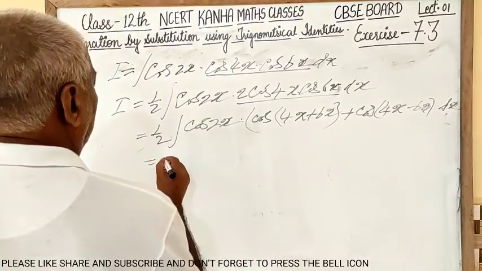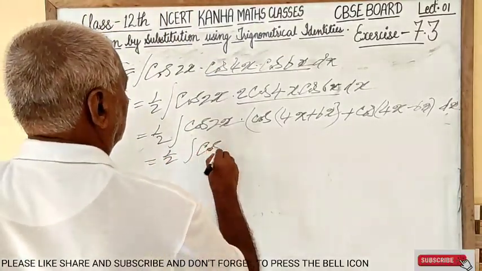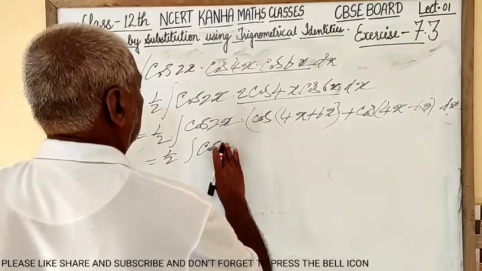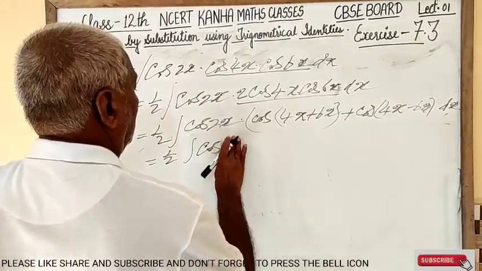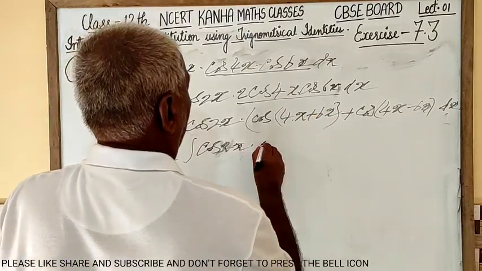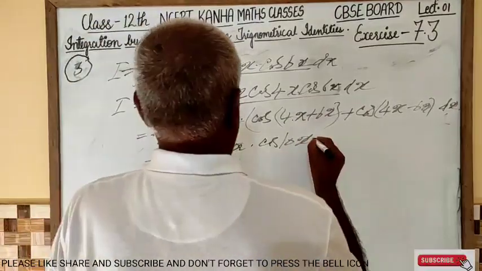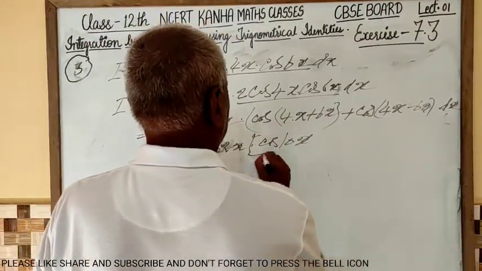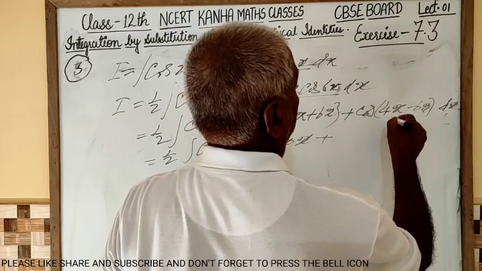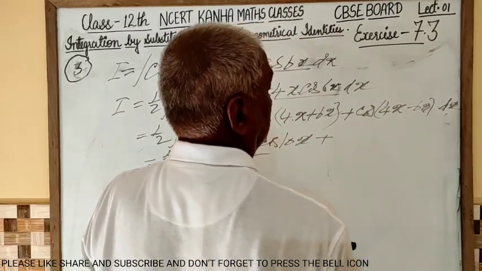Here we write cos 2x into cos 10x plus cos 4x minus 6x, which means cos minus 2x.